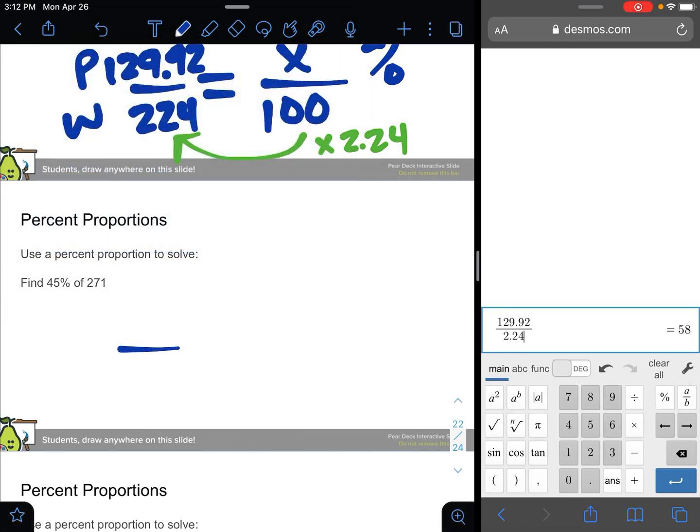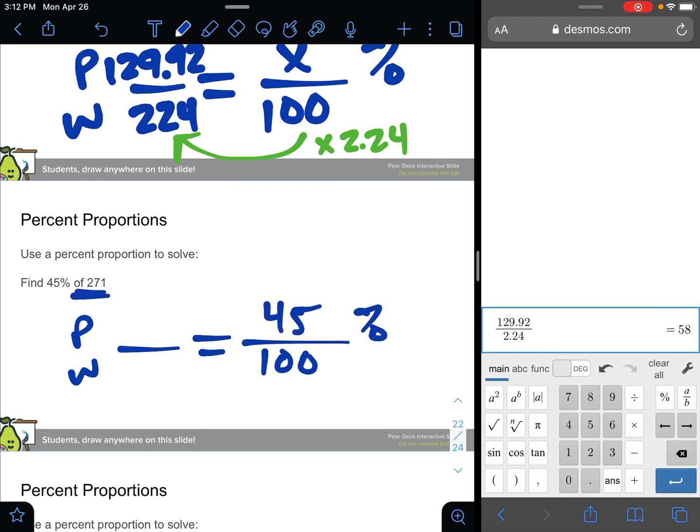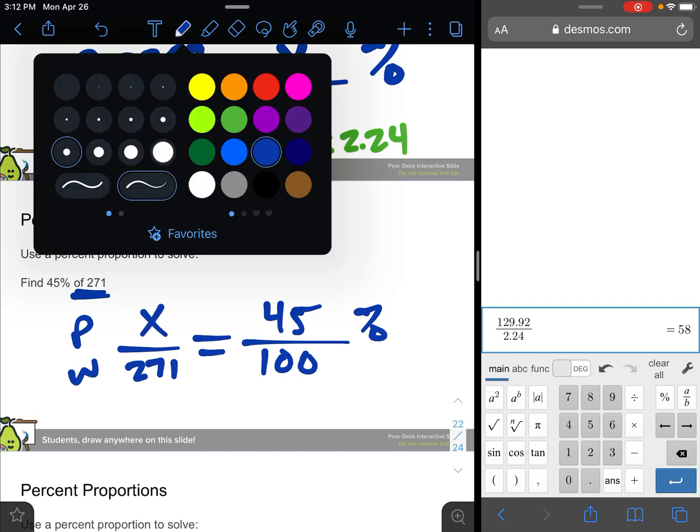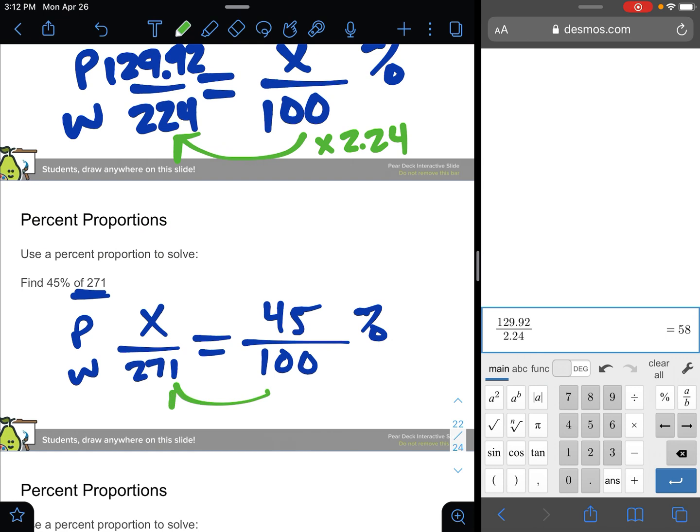All right, keep moving here. So this one we actually don't need to use a proportion for, but we can. This is finding the part. We've got the percent and we've got the whole, because of is the keyword for the whole thing. We don't have the part. So again, we could just do the decimal for 45% and then multiply it by 271, but we could also do it this way. I'm going to do 271 divided by 100 to get our scale factor.